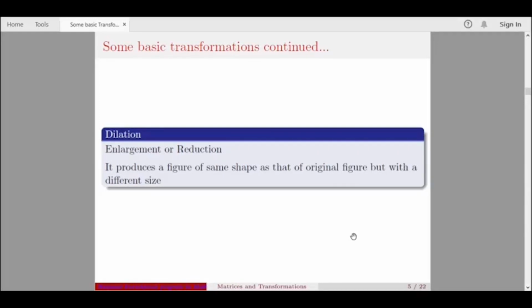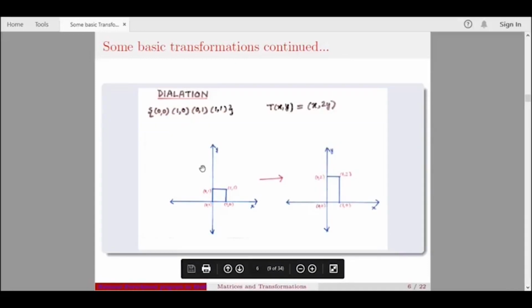For example, consider the point (0, 0); here (1, 0) is this point, (0, 1) is this point, and (1, 1) is this point. We are dilating this, and the transformation we are using is T(x, y) equal to (x, 2y). So the x coordinates are the same, and the y coordinates are doubled. So (0, 0) will be the same, and (1, 0) will be the same.